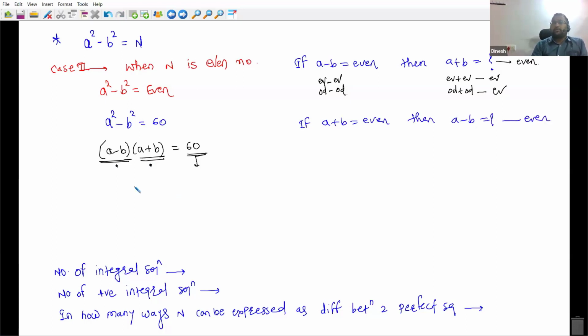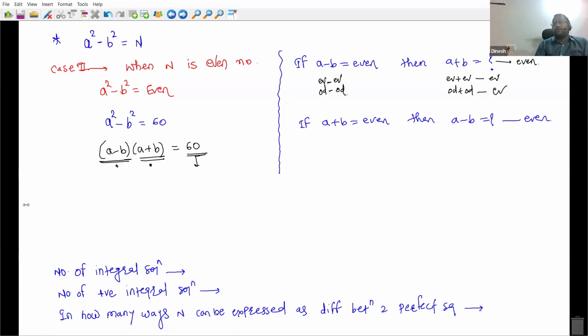So both of these brackets have to be even only. One bracket even, one bracket odd is not going to be a valid pair. Is this clear, everyone? If a minus b is even, a plus b has to be even. If a plus b is even, a minus b has to be even. This calculation we are not supposed to do at the time of the exam. We just need to understand the process.